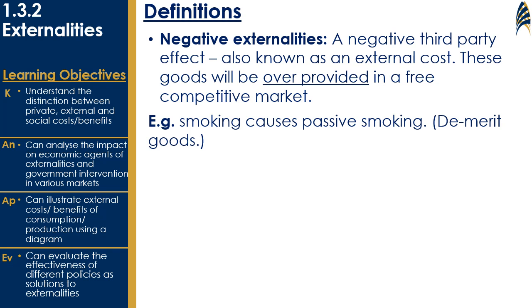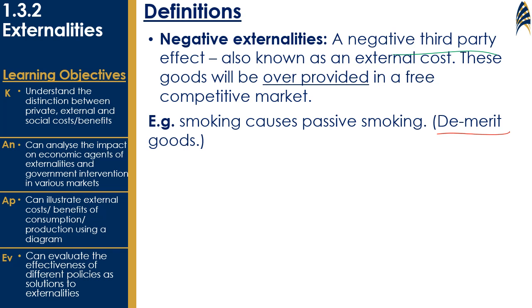More definitions. Negative externalities. There's the third party: a negative third party effect, also known as an external cost. You'll see when we do the diagrams, you use marginal external costs. These goods can be over provided in a free market, e.g. smoking causes passive smoking, which is a demerit good. Demerit good is a phrase meaning a bad good, really, and we should produce and consume less of them.